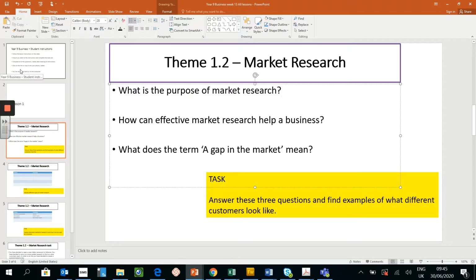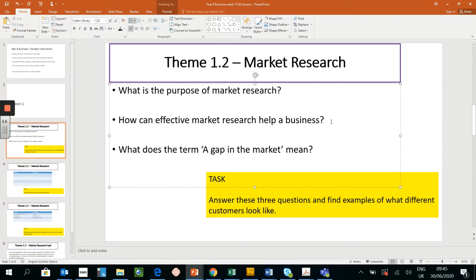The more information that you can get from market research, from customers, from competitors, the more information you're going to have. The more information, obviously, can lead to better decisions being made. If you make the wrong decision, so for example, if you set your prices too high, people won't come and buy your products.